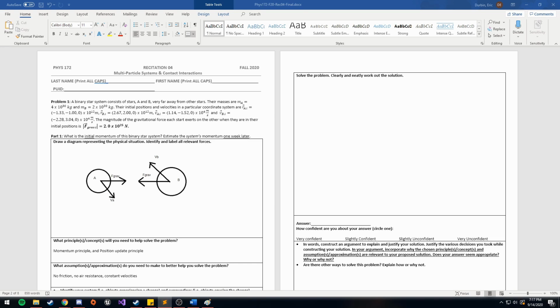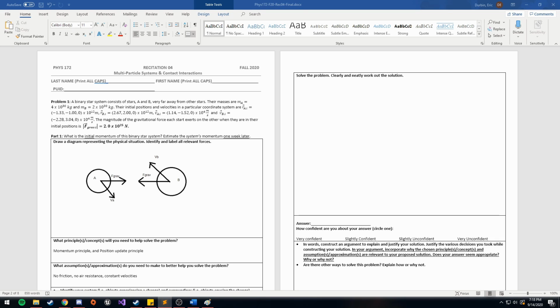Right, and so the final momentum equals the initial momentum plus our F net times delta T, and this is of the system. So there's the magnitude of gravity that each one exerts on each other, but it's equal and opposite, so it's still 0.